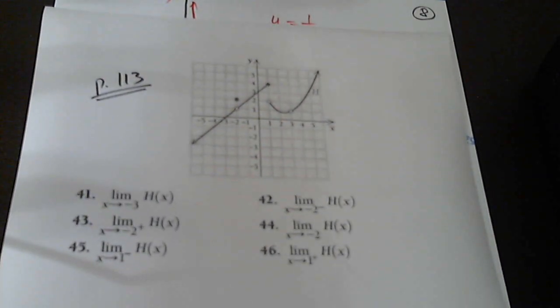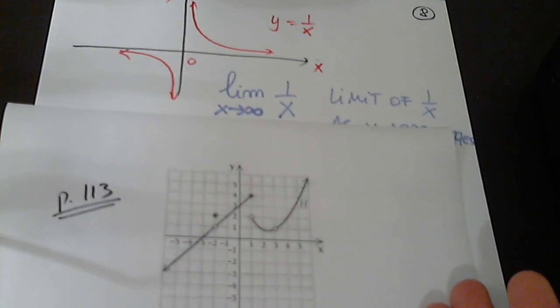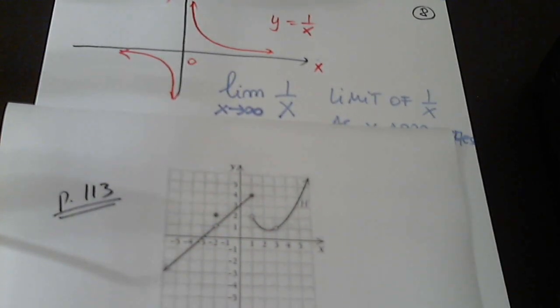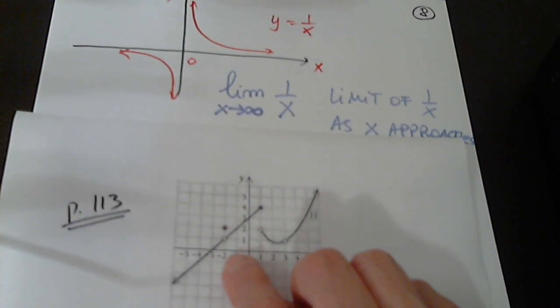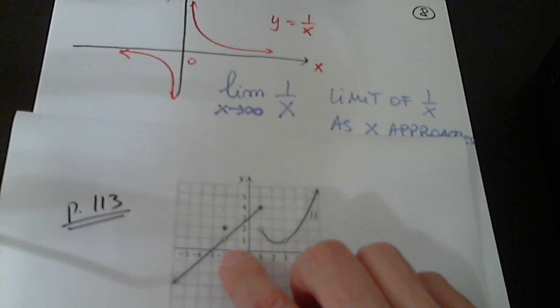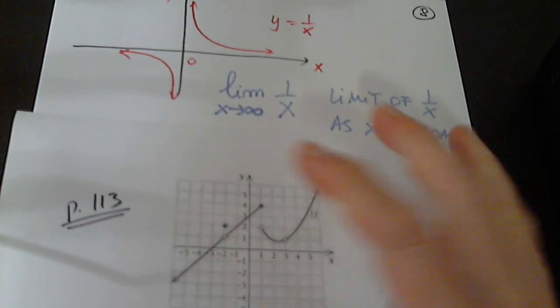So we have a few questions here. Of course, I'm going to scan this and send it to you. So here's a function, and we have several questions to answer about this graph. Can you see, or should I open the book? I can see.